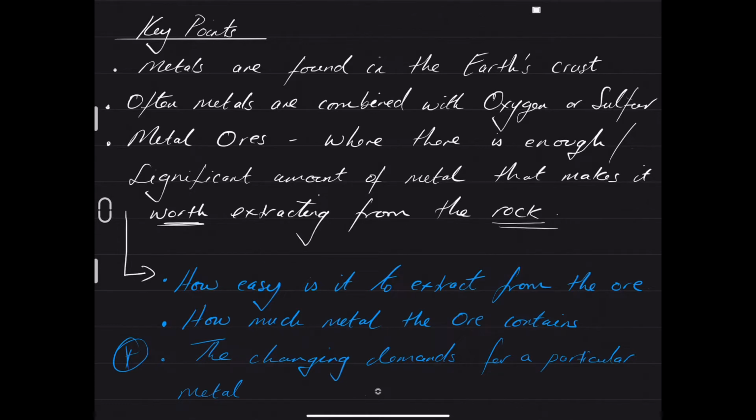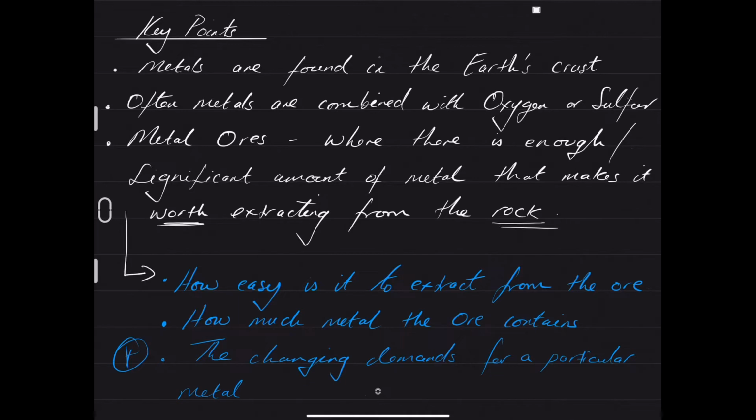And as technology advances, as our understanding of certain systems advance, we may find that there are other metals also that may have a certain economical use for them or technological use for them.